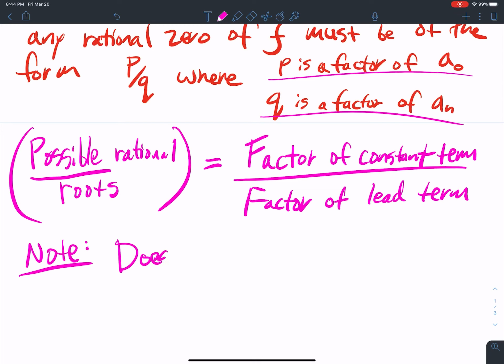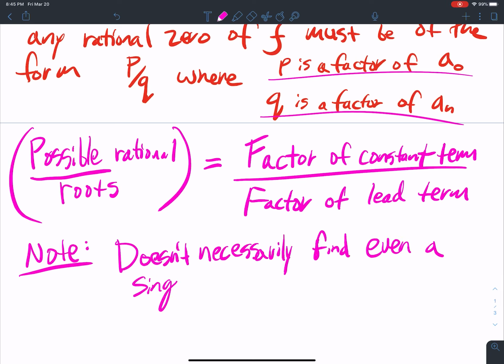I just want to note, this does not necessarily find even a single zero. This could be a complete dud.